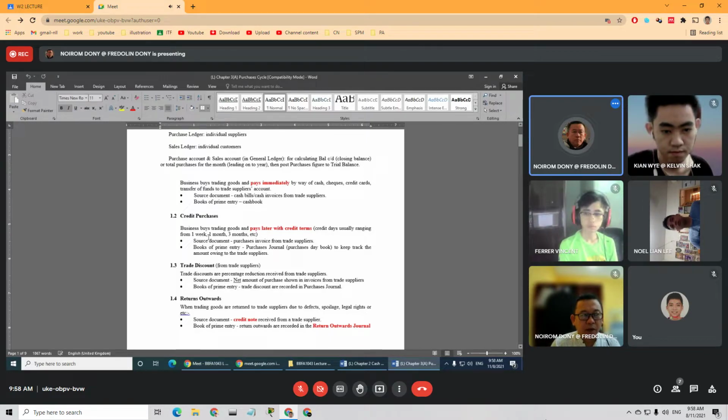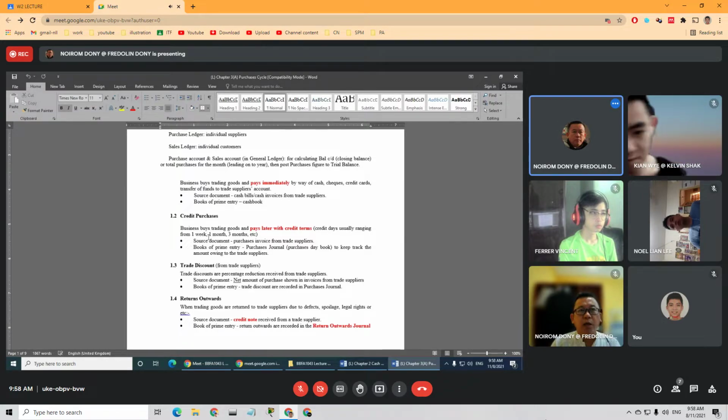Now, the source document. Normally, to distinguish between cash purchases and credit purchases, we look at the source document. You know what a source document is, isn't it? The source document is the document that evidences the transaction really happened. If the document is a purchases invoice, then this is credit purchases.